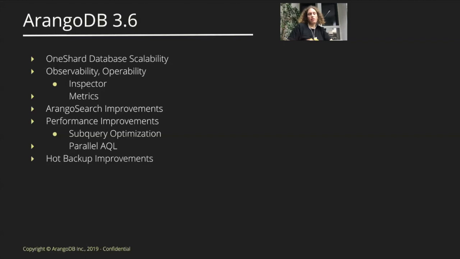So if you're using subqueries, 3.6 is already doing a lot, and we're going to add even more optimizations in 3.7. And also parallel AQL, where we improved the way in which queries can be split across different servers. But we'll see that in a second. And also, if you're using hot backup, we had a number of improvements in 3.6 over 3.7.